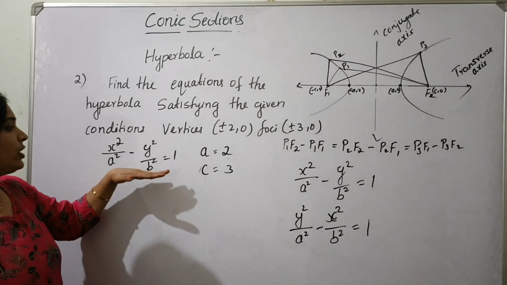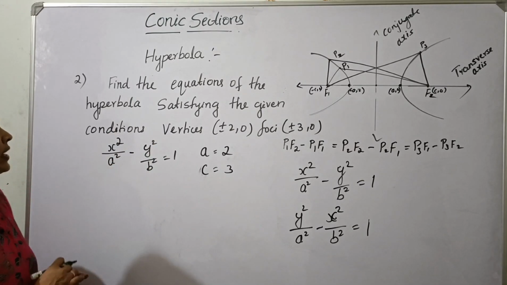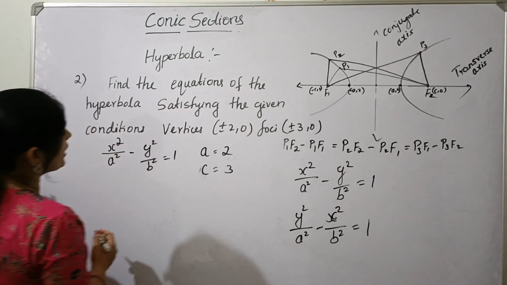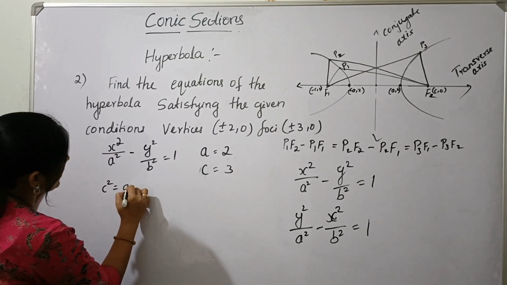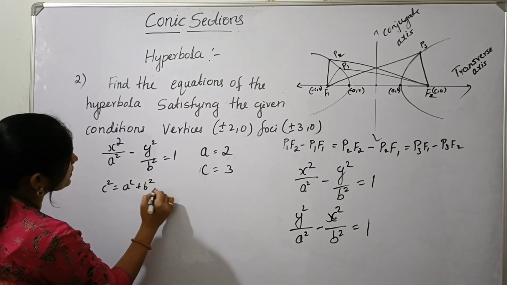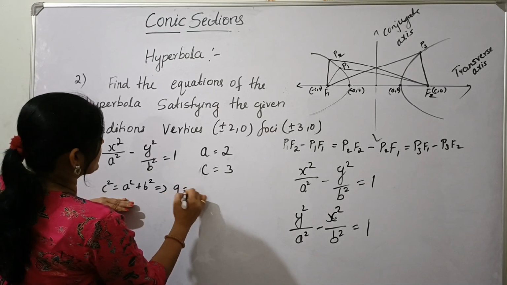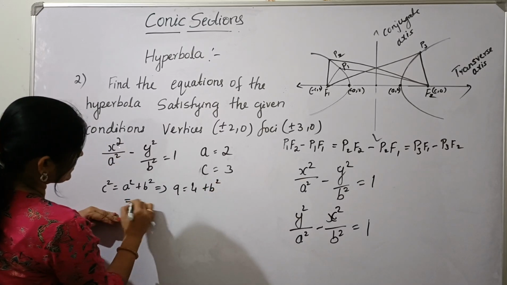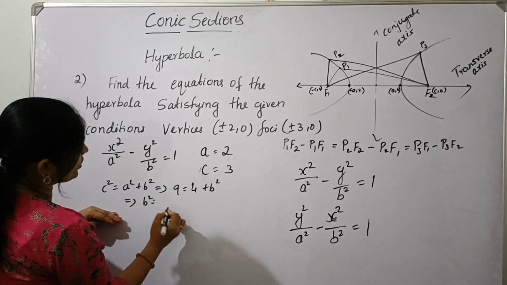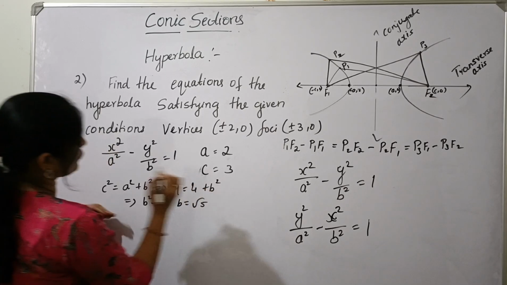If we have the b value, we can directly substitute into the equation. c square is equal to a square plus b square, that implies 9 is equal to 4 plus b square, so b square is equal to 9 minus 4, that is 5. So b is equal to root 5.